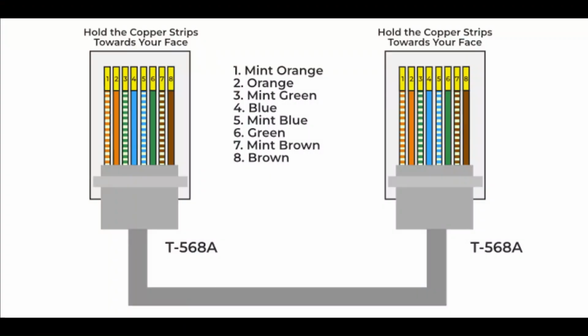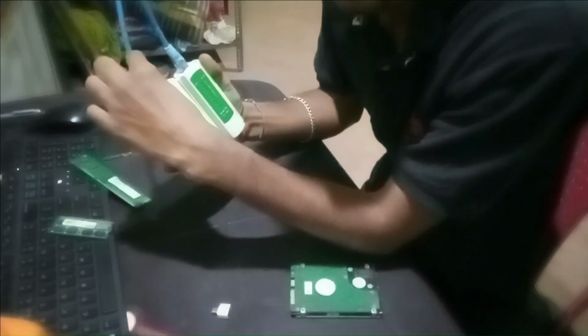If one of these LEDs is not glowing, in this case we have to cut this cable and color code this jack, and test it once again. If it still is not working, we have to cut another cable and color code the jack again. Then we have to test it.